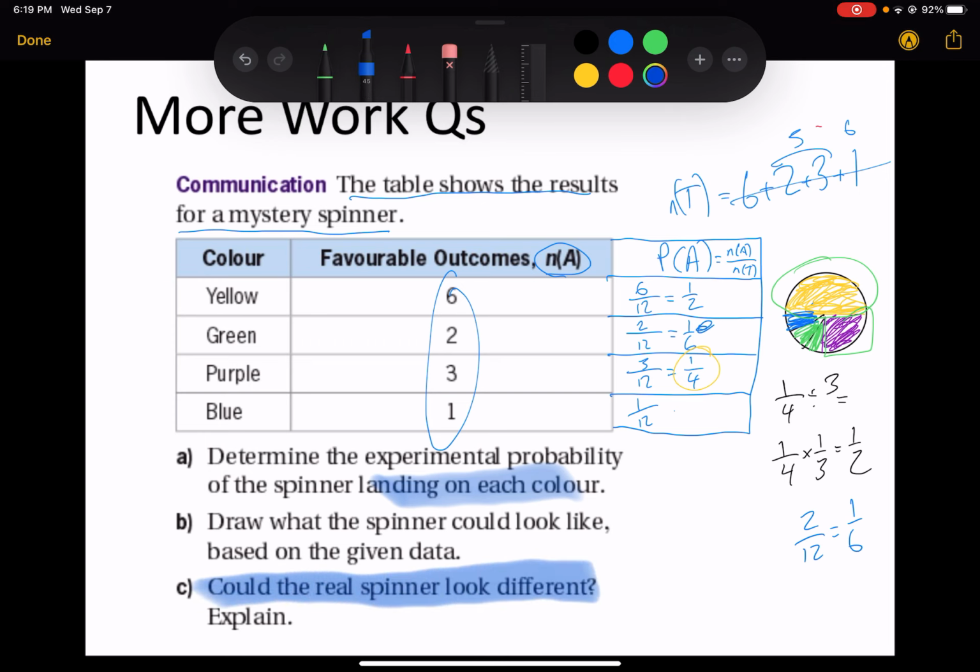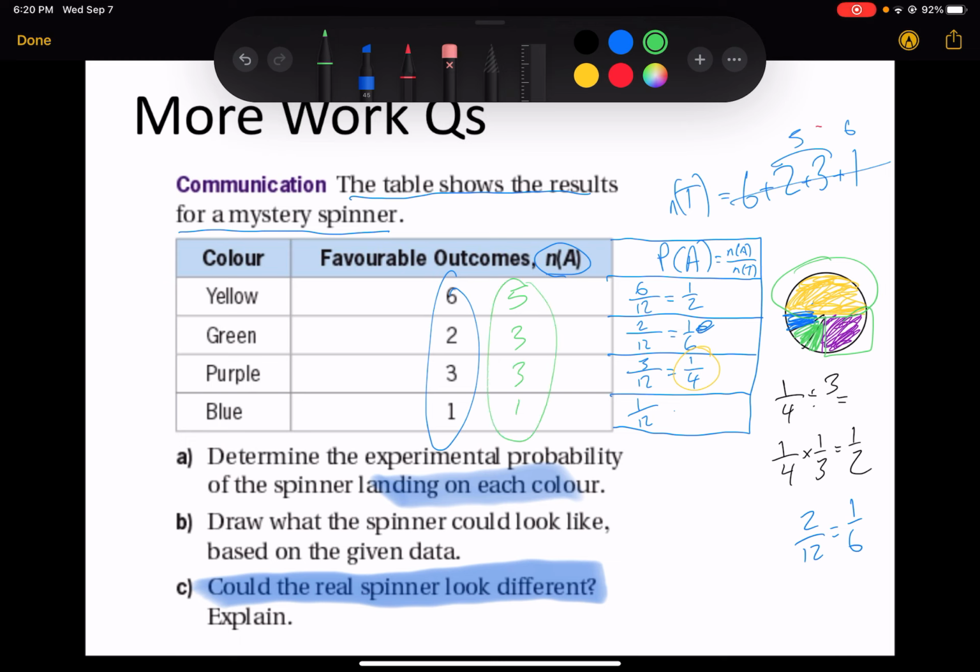Okay, now let's take a look at that. Could the real spinner look different? Yes, it could. This is a communication question. It could look different because this is just based on an experiment, but we could do an experiment where it could look like this, 5, 3, 3, 1, right?